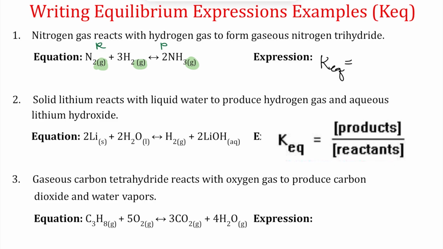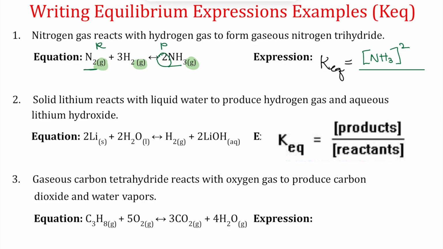So we've got the concentration of my product, I only have NH3, so I'm going to do the concentration of NH3, but because I have two of those, that coefficient is going to become an exponent. That's the only product that I have, so it's the only thing that's going to be in that numerator. As we look now at our reactants, we do the same thing.